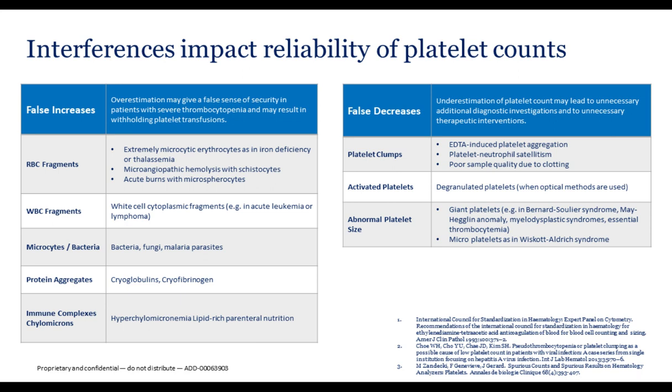We call that platelet satellitism, or poor sample quality due to clotting. Activated platelets due to degranulated platelets, and of course, abnormal platelet size: giant platelets such as in Bernard-Soulier syndrome, May-Hegglin anomaly, myelodysplastic syndromes, central thrombocytopenia, or microcytic platelets as in Wiskott-Aldrich syndrome.